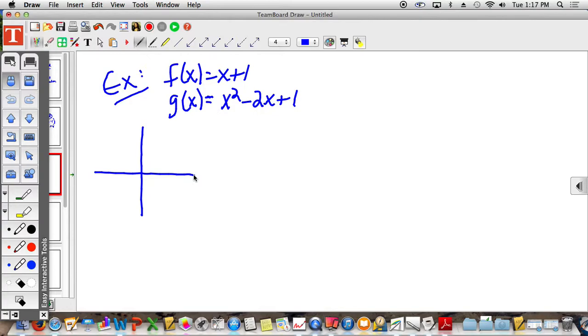That f of x is just a line, it has a y-intercept of 1, so it's going to look roughly like this. X squared minus 2x plus 1, that is a parabola, it has an x-intercept of 1. So that, yeah, x minus 1 squared. That graph, I believe, looks roughly like this.